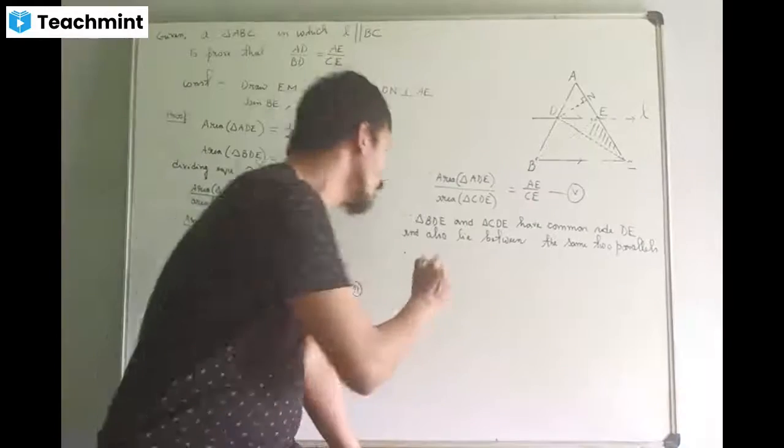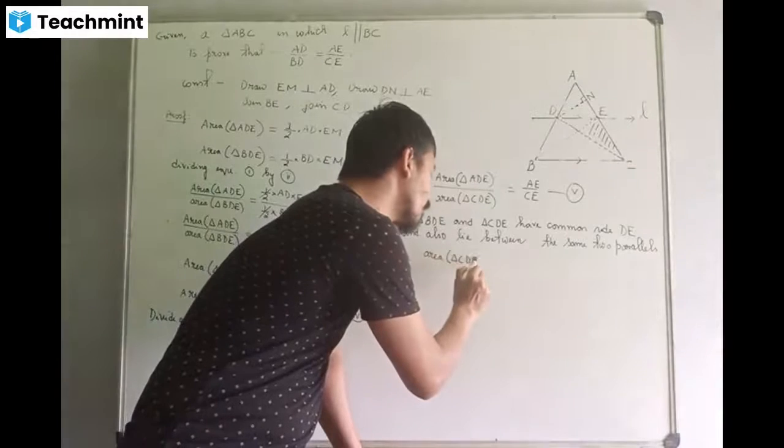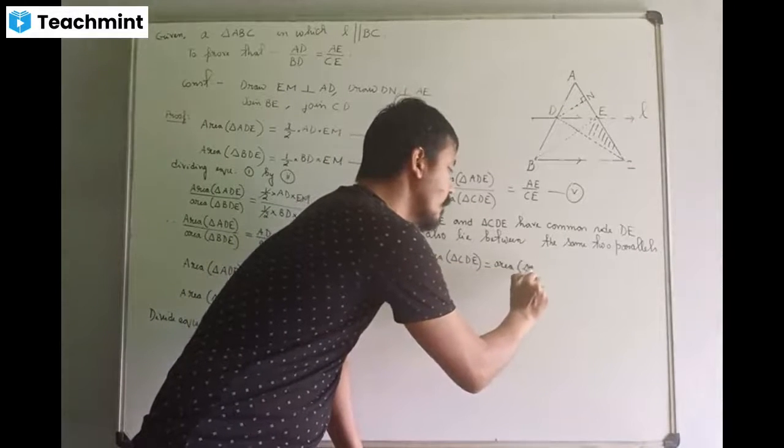That means area of triangle CDE will be equal to area of triangle BDE.